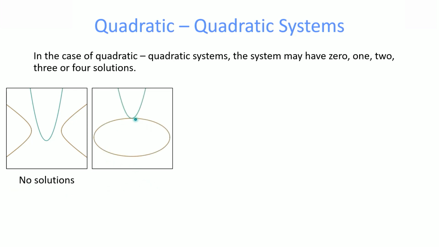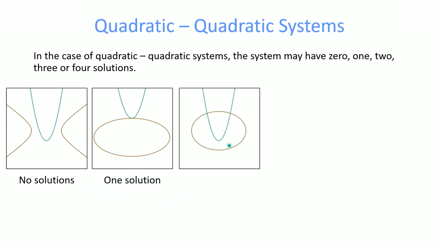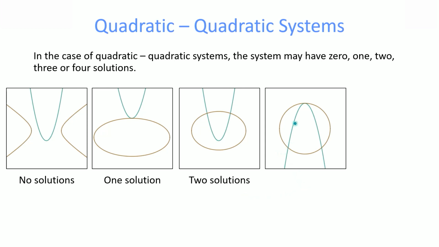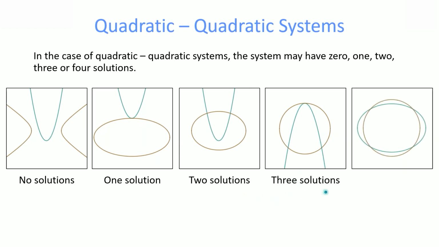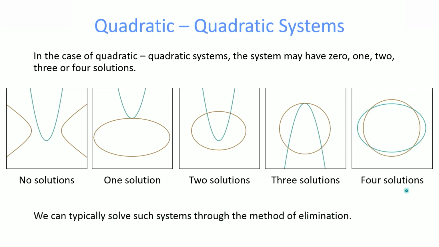In this case, there is one point of intersection, giving us one solution. In this representation, there are 2 points of intersection between the blue and red curves, so we have 2 solutions. Here we can see 3 points, giving us 3 solutions, and in a final representation, we have 4 points of intersection, giving us 4 solutions.